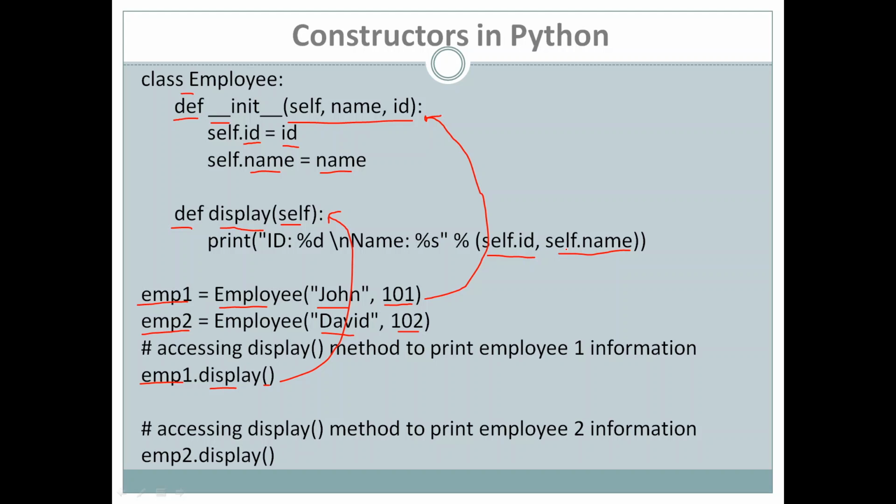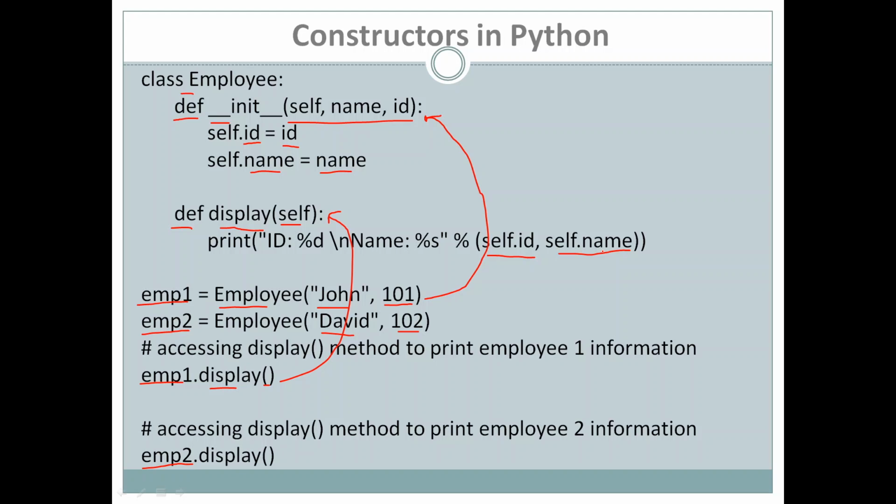When we say self, that is emp1.name, it will print John. Same way, whenever I say emp2.display, again the first argument is sent, that is emp2, that will be stored in self. Whenever we say self.id, that will be emp2.id, that is 102, and emp2.name, that is David.